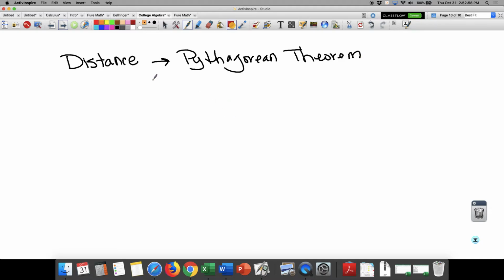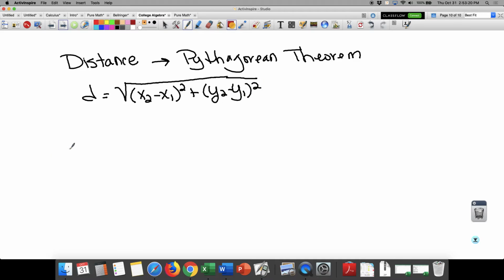Okay, so let me give you the distance formula just so that you have it. But I don't want you to have to memorize it because sometimes it's hard to remember this long formula. But I'm going to show you how you can use the Pythagorean theorem and get the same thing.